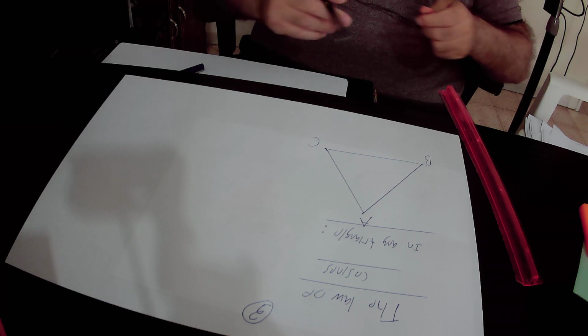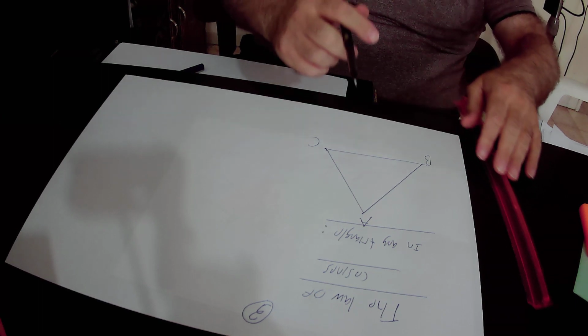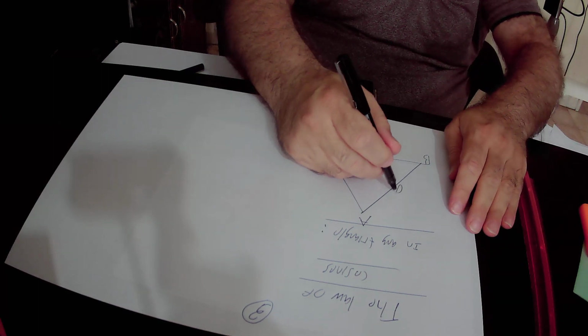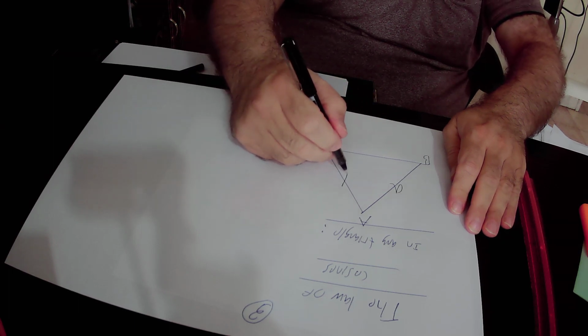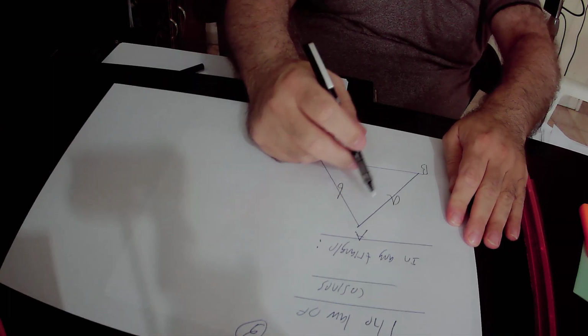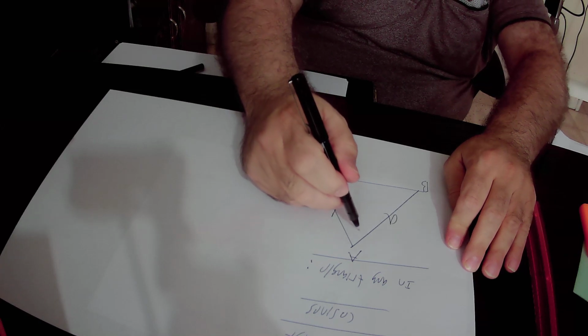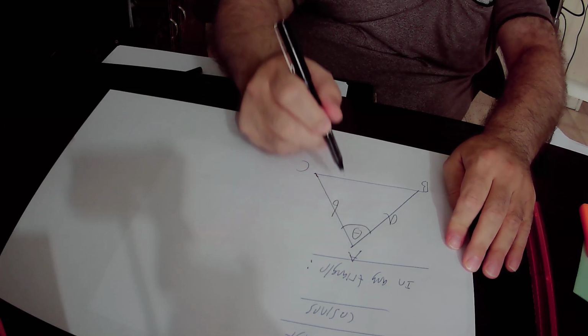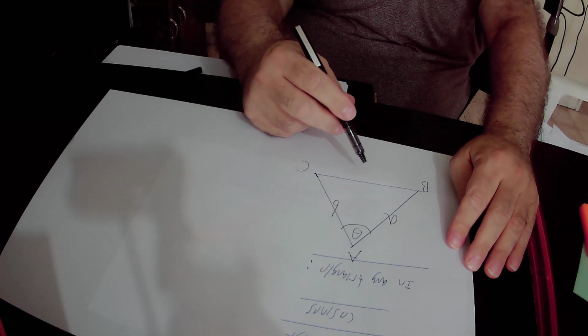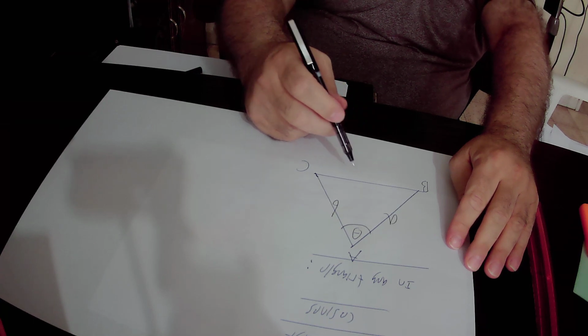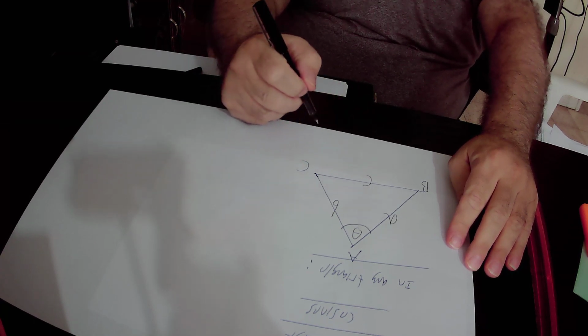And we know that side AB of triangle ABC equals A units in length, side AC equals B units in length, and the angle between side AB and side AC is theta. We also know that the length of side BC equals C units.